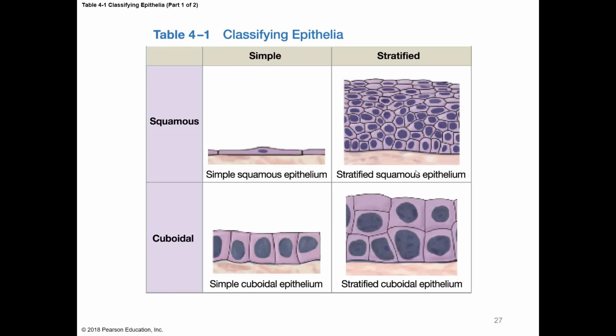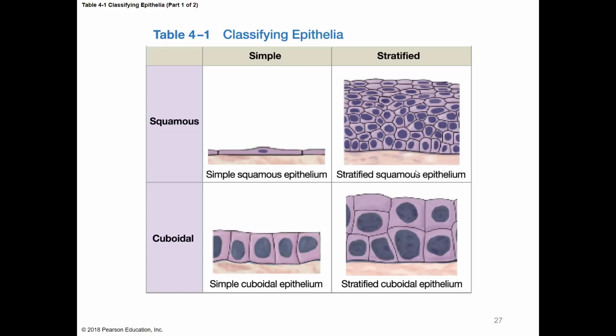So anything that opens up or communicates with the outside world or is on the outside is going to be stratified. Anything deep inside the body and well protected can be simple. So the lining of the stomach or the lining of the alveolar sacs in the lungs, very deep, very well protected, definitely can be simple.